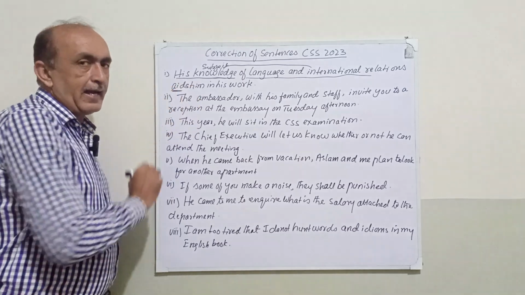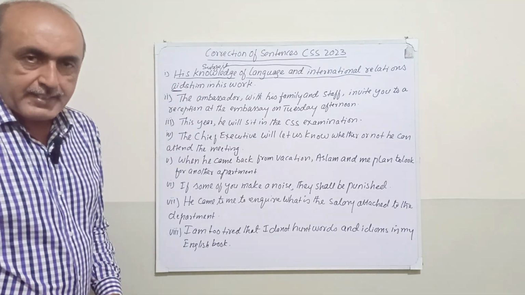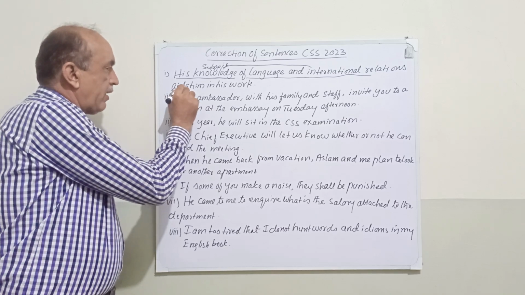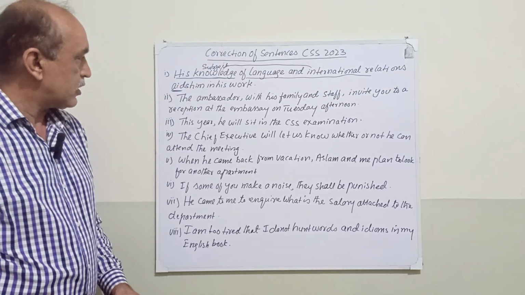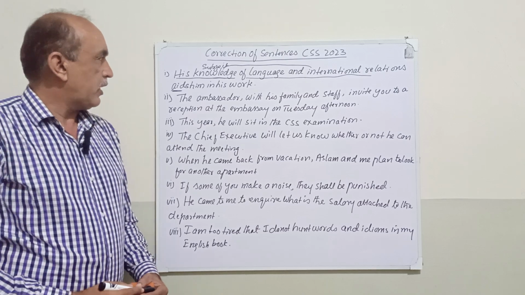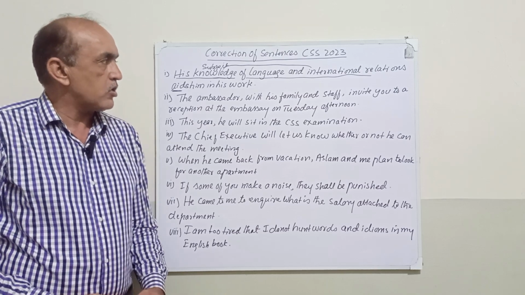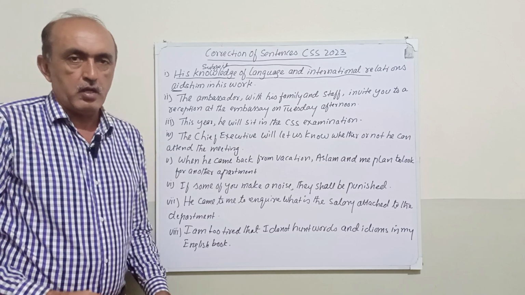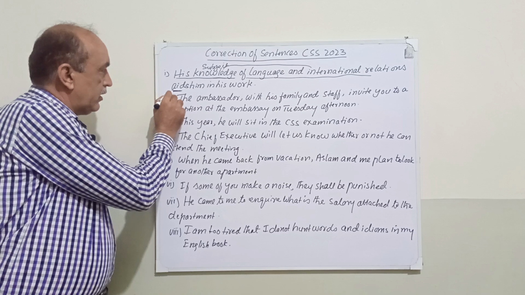It means that the subject is singular, therefore there must be an s in it. So: his knowledge of language and international relations aids him in his work. Now here is the correction.